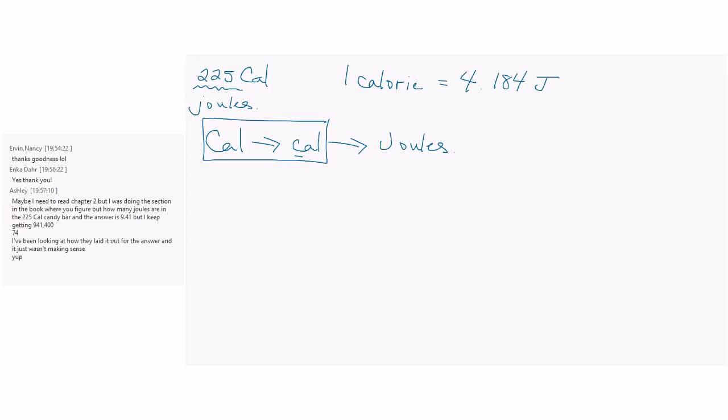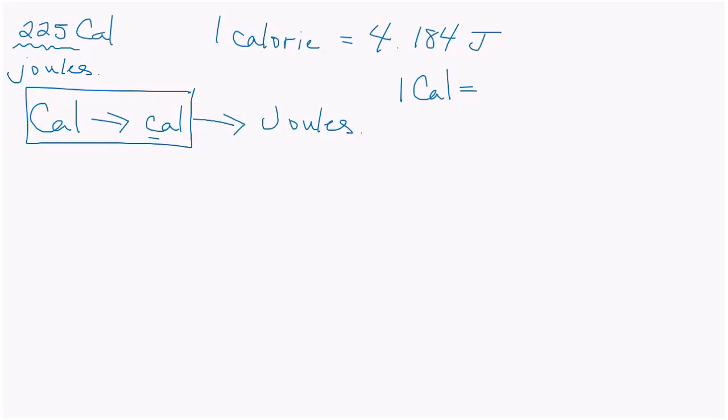I'm going to use a conversion factor to help me out. And the conversion factor I'm going to use is that 1 big calorie is equal to 1,000 little calories.